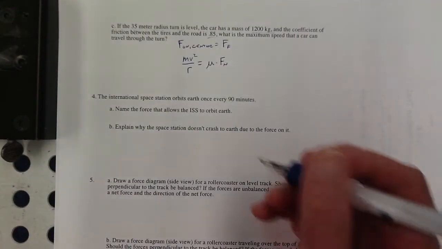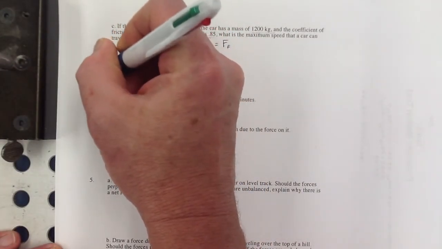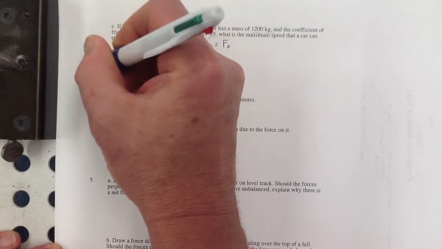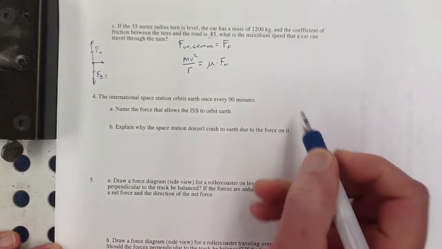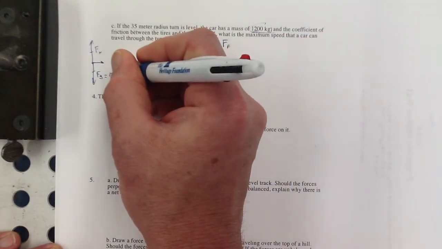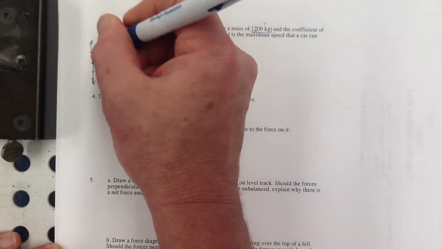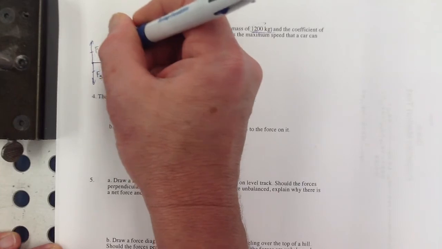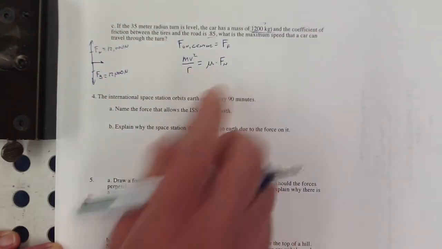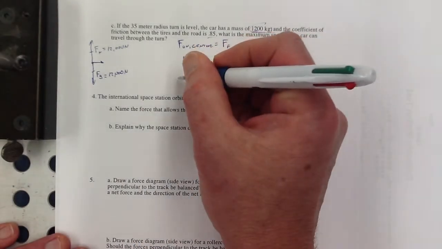And maybe I'll just make another copy of that force diagram here. And I'll put in what numbers I can. So if the car has a mass of 1,200 kilograms and the force of gravity is 12,000 newtons, and so is the normal force. So I think I have a whole lot of stuff in this that I can plug in, right? I know the mass of the car.